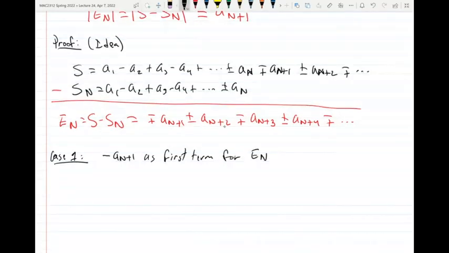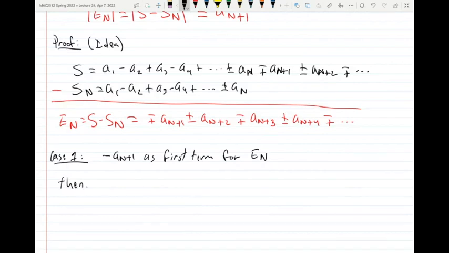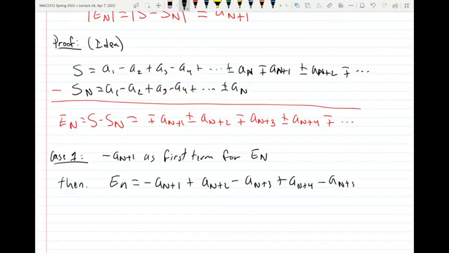So in this case, what do we have? E_N is going to be equal to negative A_{N+1}. And now that means that the next one is positive. So I'm going to play the same game that we did before. So we have plus A_{N+2} minus A_{N+3} plus A_{N+4}. Let me do one more. And so I'm going to place parentheses like this.